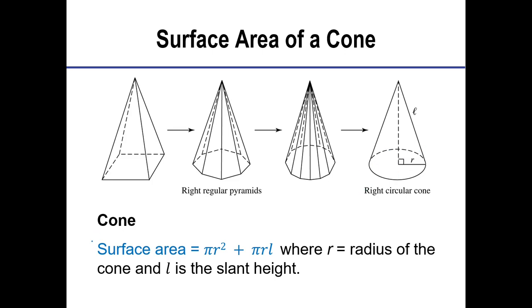The surface area of a cone is given by pi r squared plus pi r times L. Pi r squared is the area of the base, and pi rL is the area around the top of the cone. Here r is the radius of the cone, and L is the slant height.